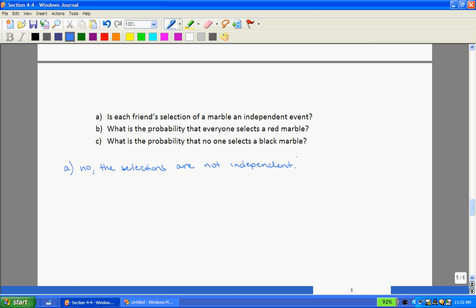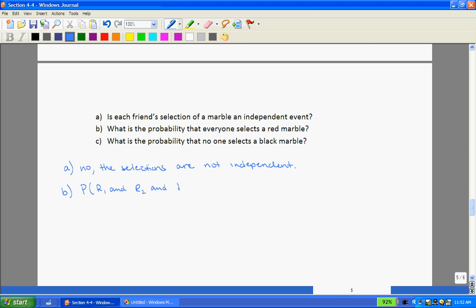Okay, B, what is the probability that everyone selects a red marble? Now before with an independent event, all we had to do was figure out the probability of selecting a red marble for anybody, and we were able to duplicate that for everyone. But here it's going to be a little bit different. I want the probability that the first person finds red and the second person red, and the fourth person.